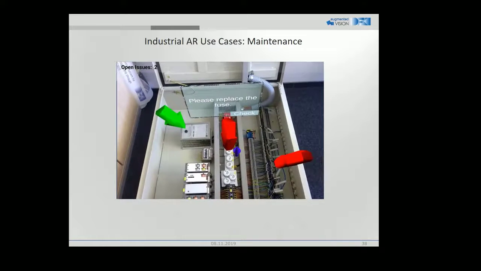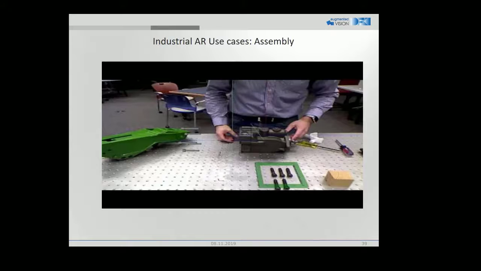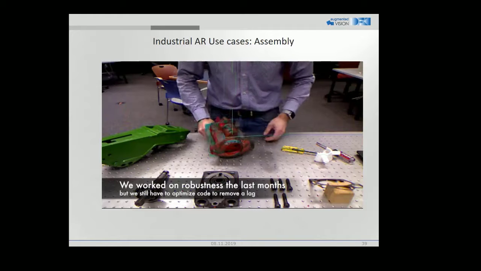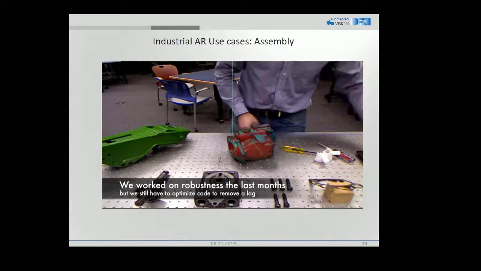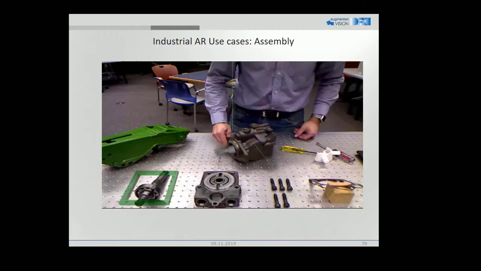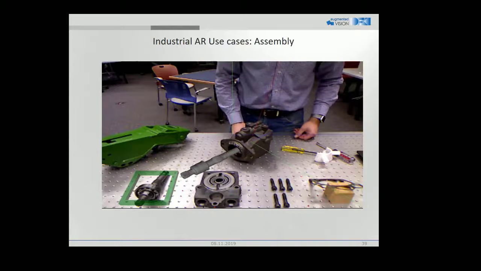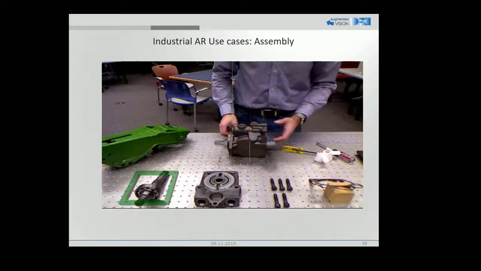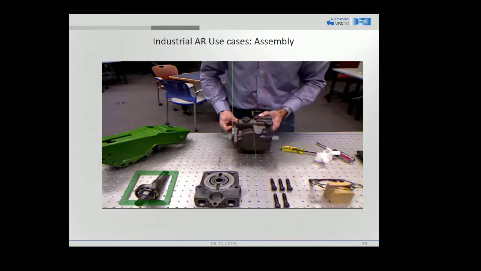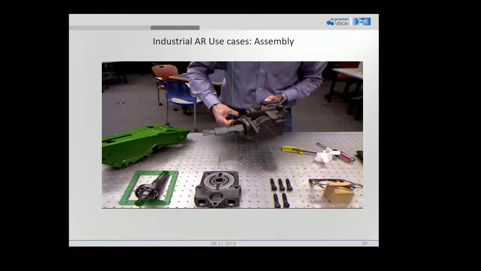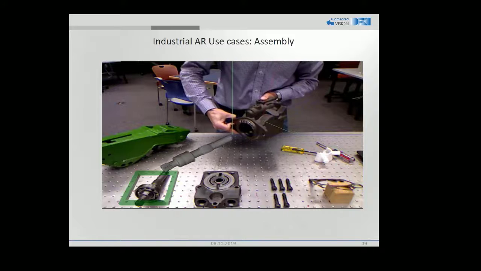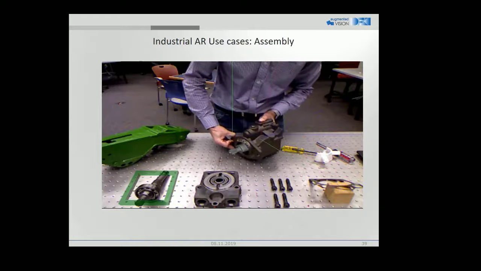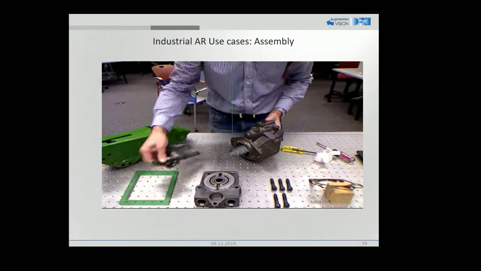Next is the use case in industry and in assembly. The idea is the device is tracked and the individual objects are shown how to be put together with the device that we can see.